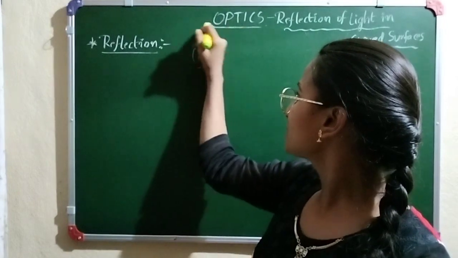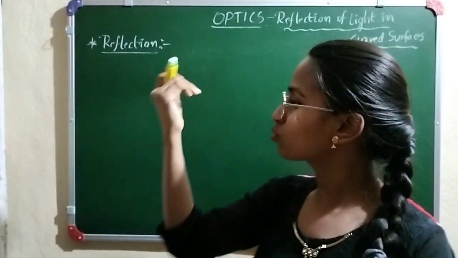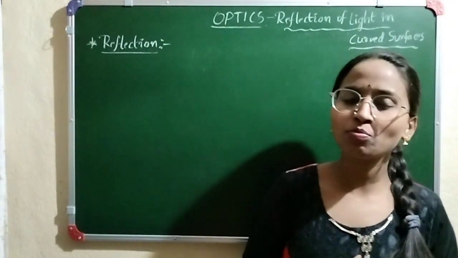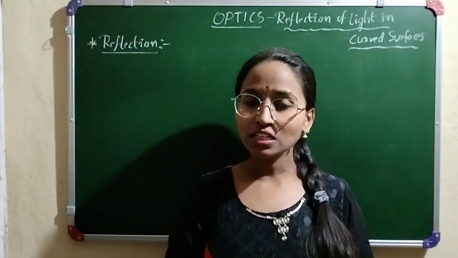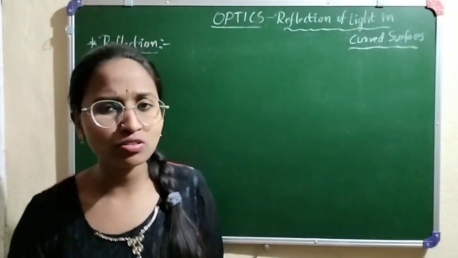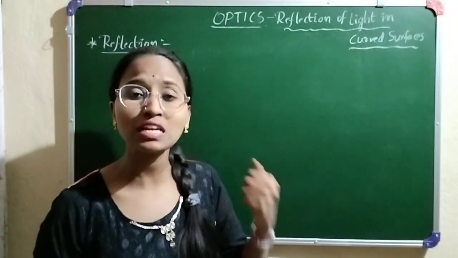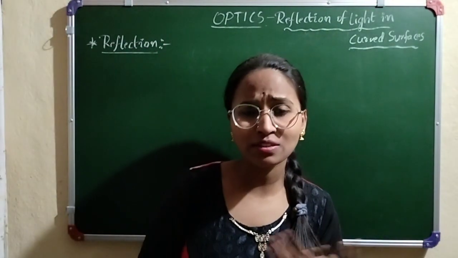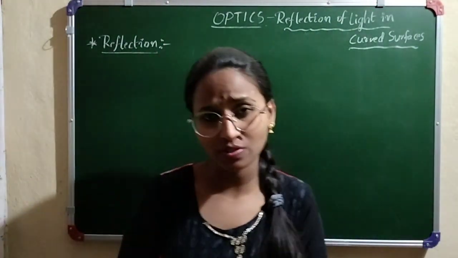Light has many properties. The first property is reflection. About reflection, I think in the previous classes you have seen how light is reflected in a plane mirror and plane surfaces.